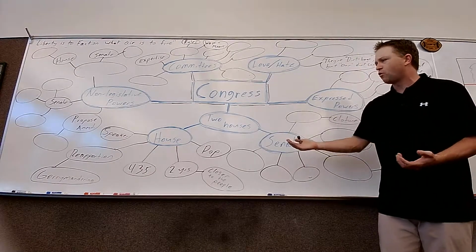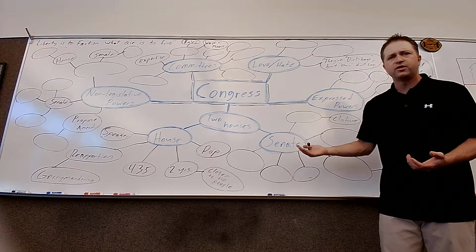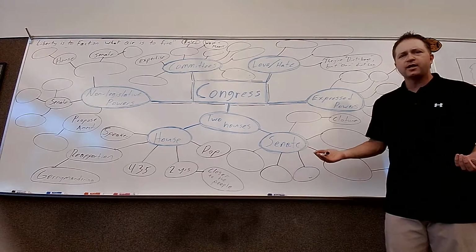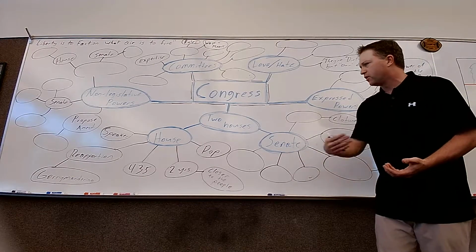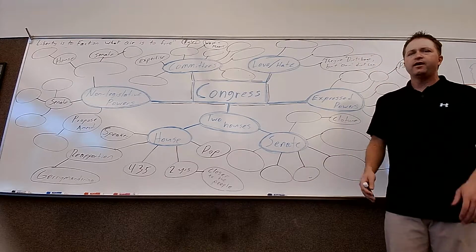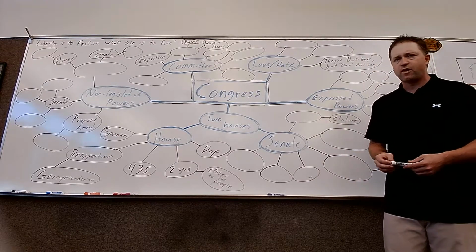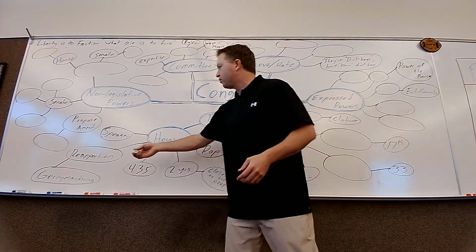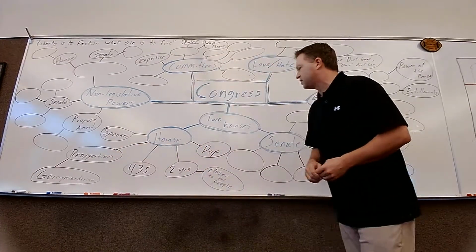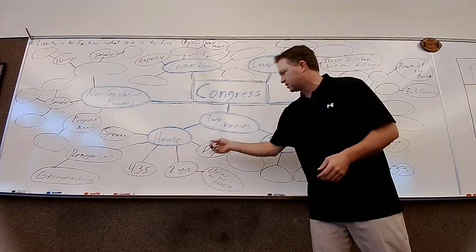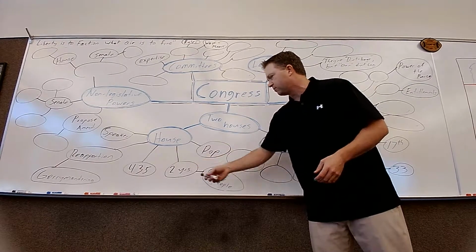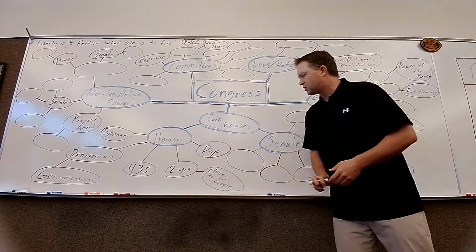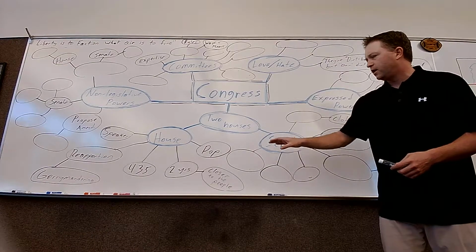I mean, when you have 435 people trying to figure out legislation, it can be kind of a mess. So, 100 years ago or so, they're like, yeah, let's just cap it at 435. Okay. Now I put reapportionment right there. I'll explain that in a second. Before we get over there, let's stick to this. Okay, 2-year terms. I put the phrase closer to the people next to 2 years.